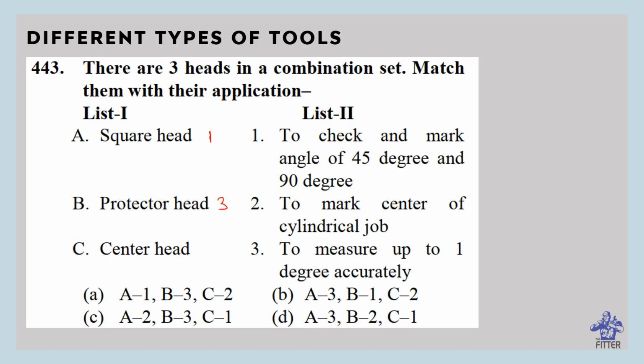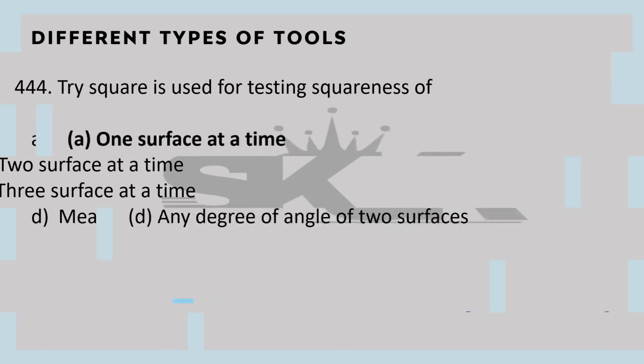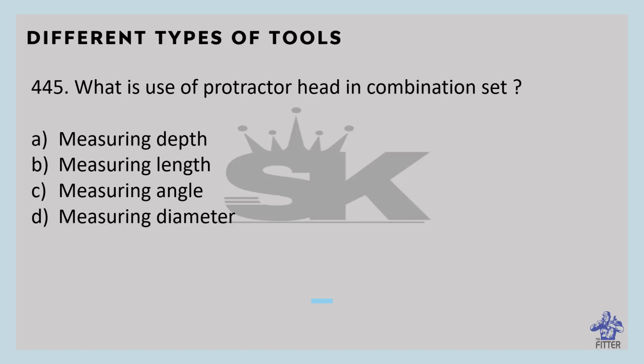Center head to mark the center of cylinders, so that is 2. So 1, 3, 2, that is option A. Try-square is used for testing squareness of one surface at a time. What is the use of the protractor head in the combination set? That is measuring angles.